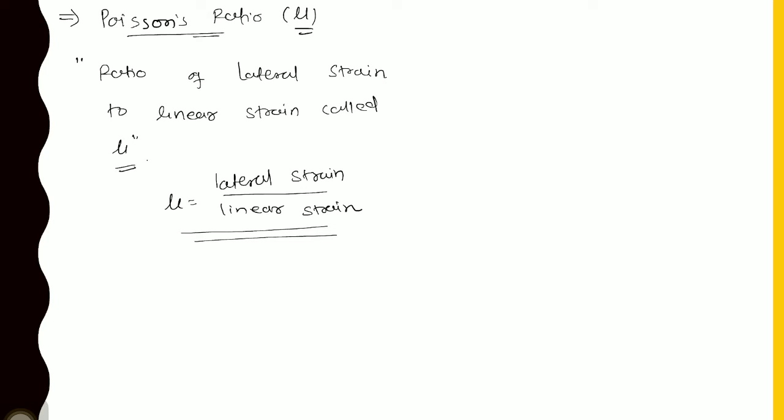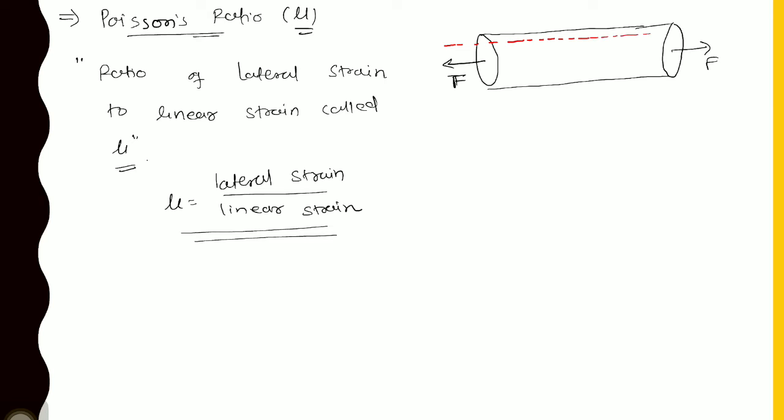You understand? Let's see. Suppose you have a body like this. You apply some tensile force, आपने मान लो कि यहाँ पे कुछ टेंसाइल फोर्स, टेंशन अप्लाई किया, मतलब you apply some force, so the length of the body is changed. When the length of the body is changed, its diameter is also changed.